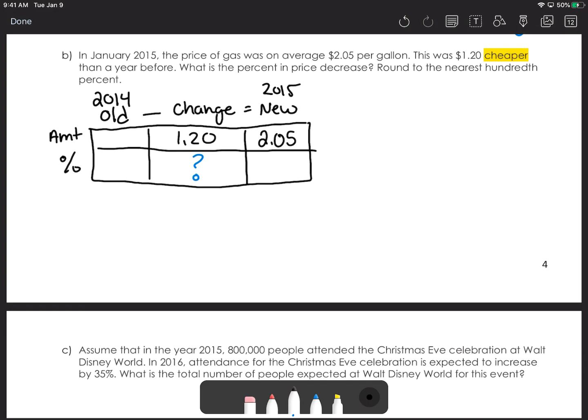Now, working backwards, we can figure out what the old value is, and that would give us $3.25. Because if I take $3.25 and I subtract the change, which is $1.20, that would give me the new value in 2015, which is $2.05. Now, remember, the old value is always 100%.